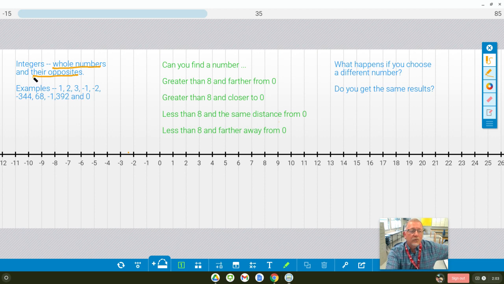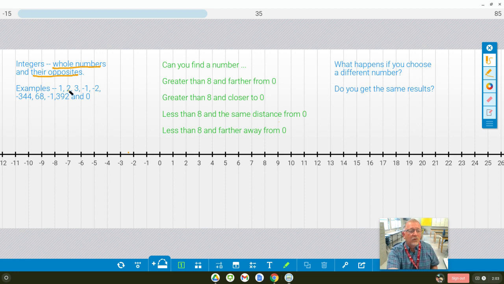Now, when we turn them into integers, we need the opposite of the whole numbers. So if we have 1, what do you think the opposite of 1 is? -1. There's your first question for 7th grade math, and you got it right. Look at that. What's the opposite of 5? -5. Question number 2. Fabulous. Keep it up.